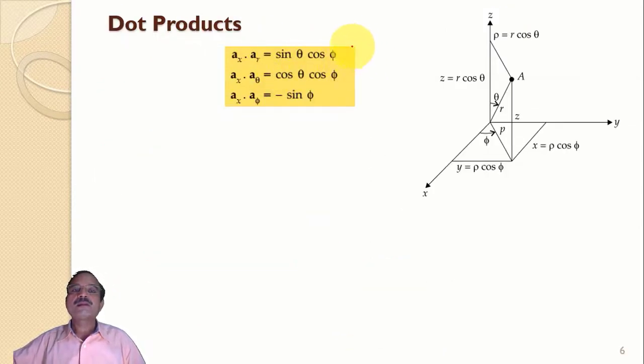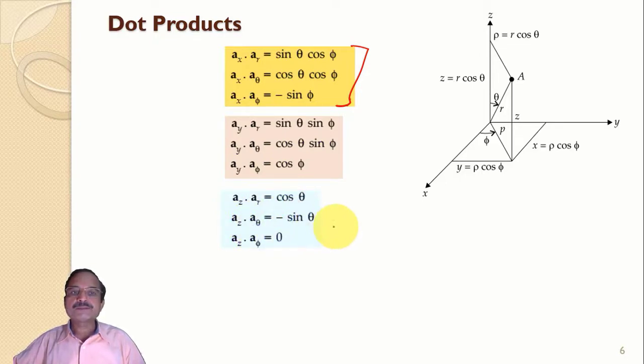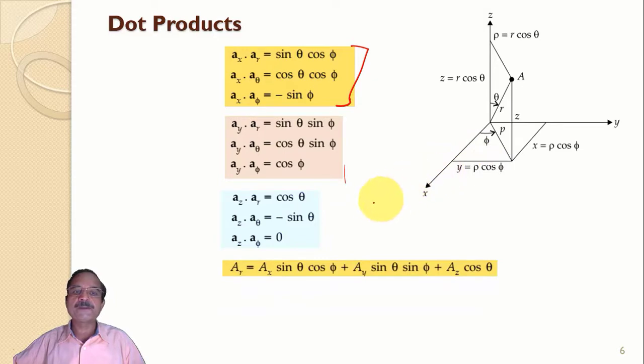Similarly, ay dot ar equals sin theta sin phi, ay dot a theta is cos theta sin phi, ay dot a phi is cos phi. And az dot ar equals cos theta, az dot a theta is minus sin theta, az dot a phi is 0. These dot products can be verified from the geometry shown in the figure.